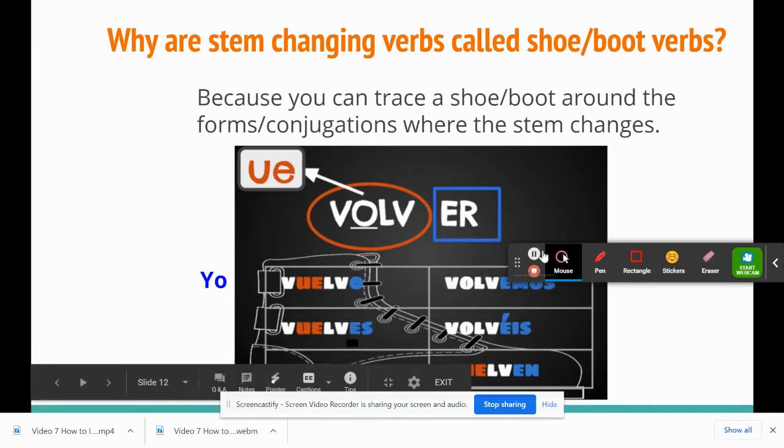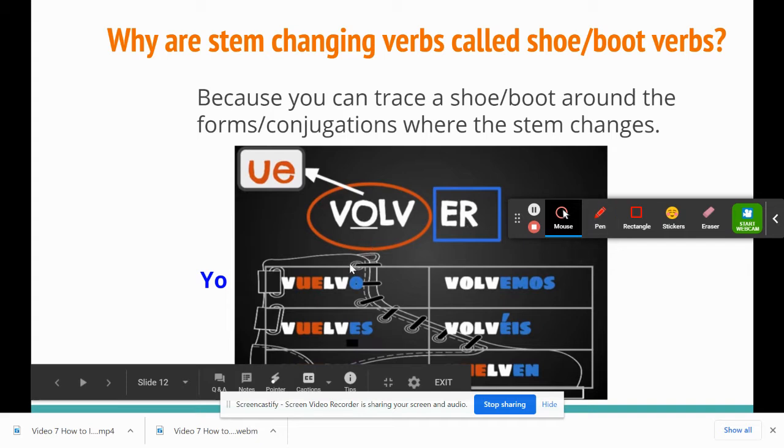Let's talk about that for a second. Yo vuelvo. Tú vuelves. Usted, él, ella vuelve. Nosotros and vosotros. These two conjugations are not inside the shoe. Can you guess why?